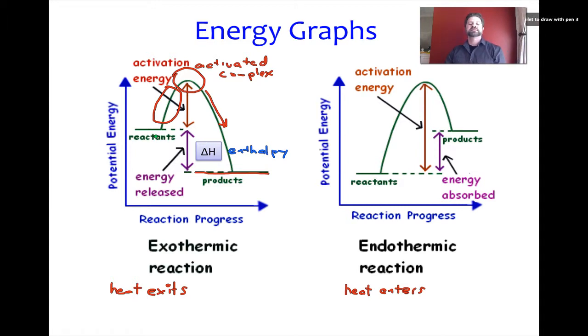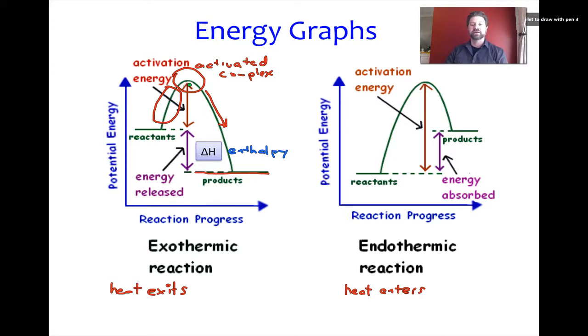Okay, one additional thing that I wanted to mention here was the idea of a catalyst. A catalyst is a chemical, any substance, that lowers the activation energy required to get a reaction going. So in this case here, the activation energy was this red arrow that went from the reactant energy level all the way to the activated complex. Now, with a catalyst in place, it reduces the activation energy for a reaction.